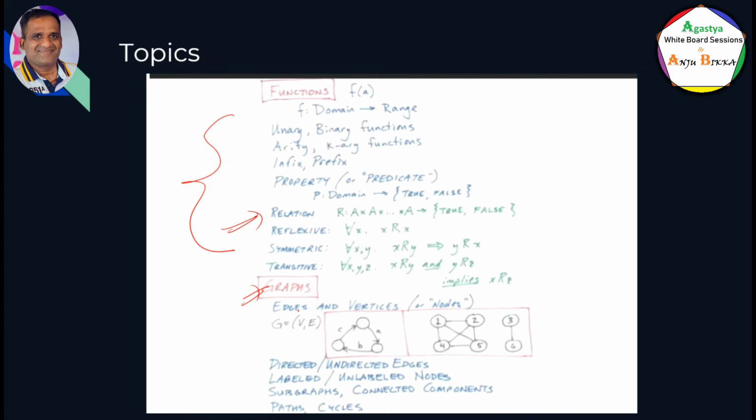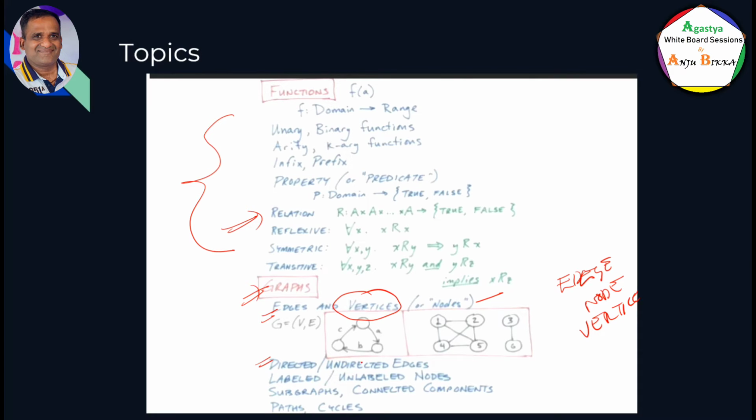In graphs, what is an edge, also called vertices, also called nodes. These are different terminology; we can call it an edge, node, or vertices. And what is a directed graph, directed edge?